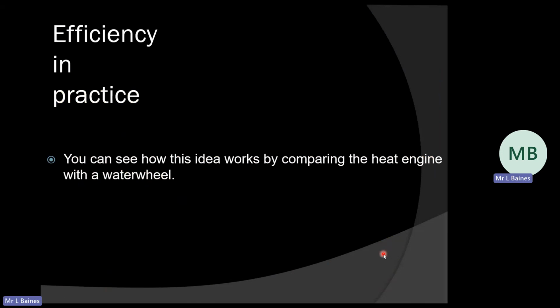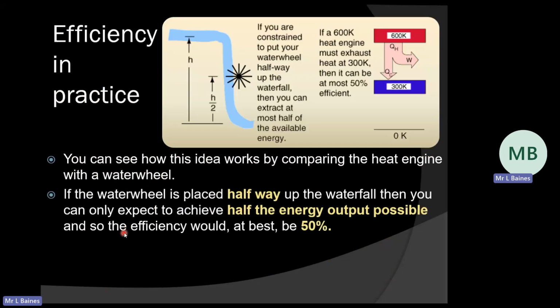Now, as an example for you, let's think about this in terms of a water wheel. You might be confused by the hot and the cold areas. Well, let's imagine that the top of my river is a hot sink, which has got lots of energy, in which case this would be gravitational potential energy rather than heat. And obviously down at the bottom, my river has got a low gravitational potential energy.